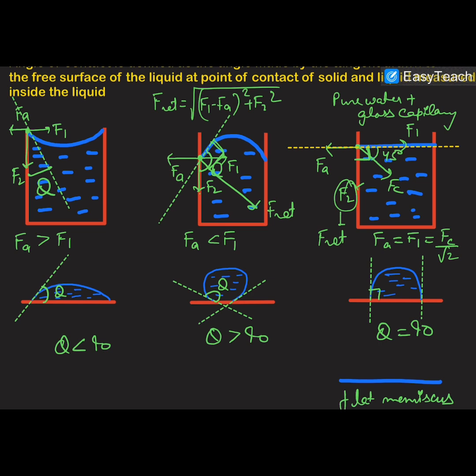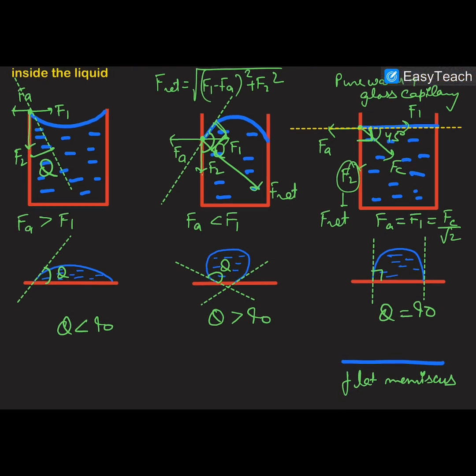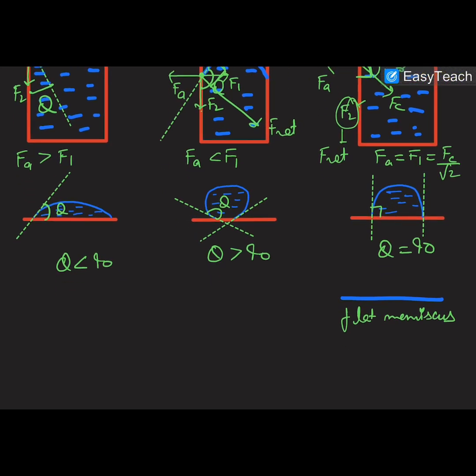Okay, and if we keep this kind of liquid drop on a glass capillary surface, then this drop will take a shape of this one and this angle will be greater than 90 degree. And this realistically happens in the Hg plus glass capillary.